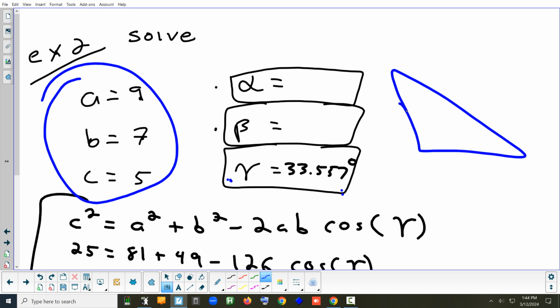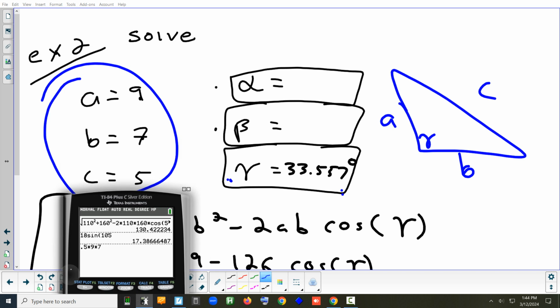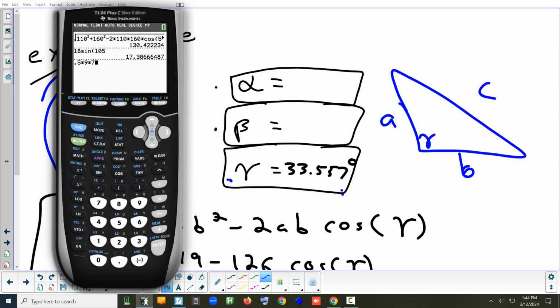It's between a and b. So let's do 1/2 times 9 times 7 times sine of 33. That gives 17.412. Keep that number in mind.